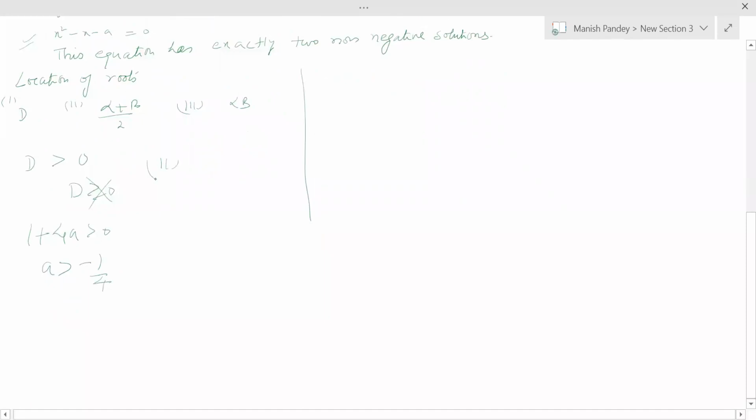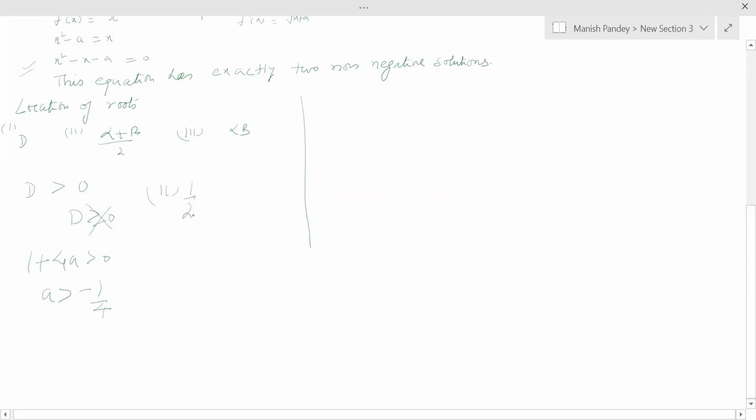Second is alpha plus beta by 2, which means 1 by 2. 1 by 2 is always greater than 0. So its solution will be all real numbers, or you can say x greater than equal to 0.